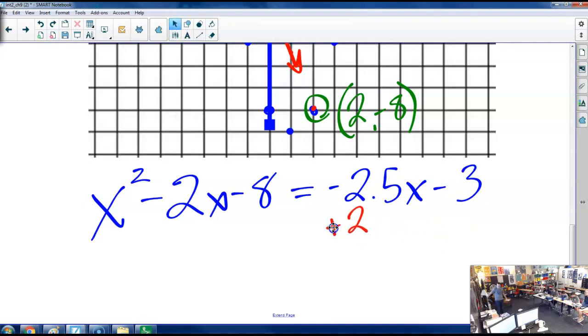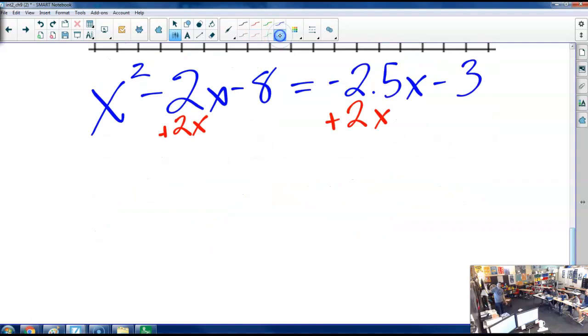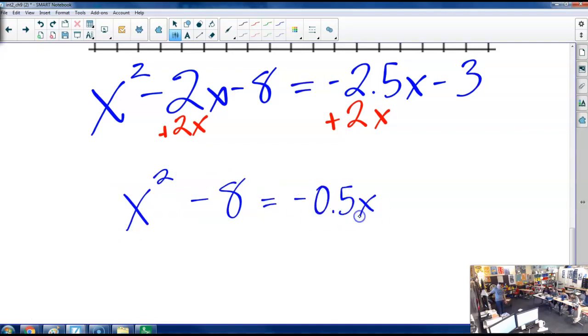That's kind of important to say 2x. Add 2x to both sides. Remember, I'm just going to follow what you guys tell me. So then that way. Mr. Estes, do you have a suggestion? Because if you square root it later on, you don't have as many random things. You ready to add 8? How do we do that? Plus 8.